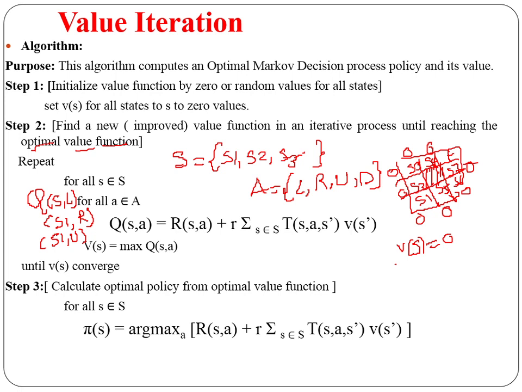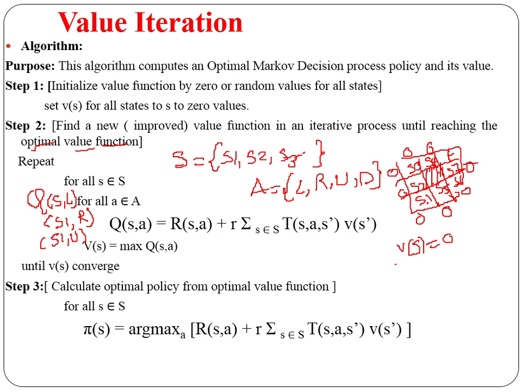So here we have seen S1 and performed multiple actions, and for that we have to get the reward values. In S1 you can perform right and up, only two actions. Based on the two actions you have to calculate the reward.